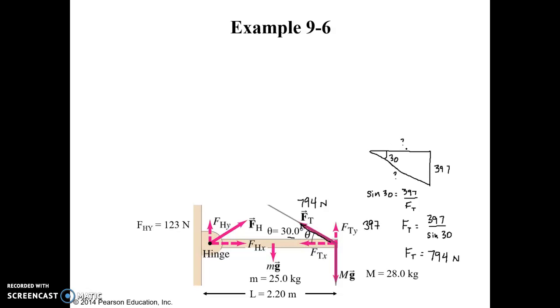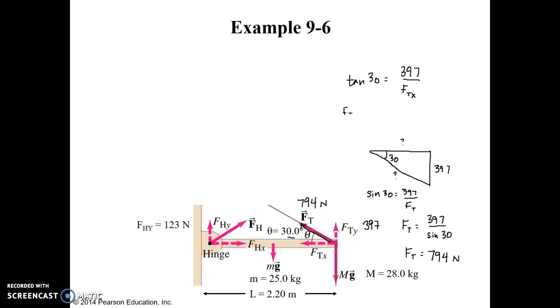Now if I wanted to know the x component, again, I can just look at this triangle here. I want to know the adjacent side, knowing the opposite and adjacent, TOA. So tangent of 30 equals 397 over the adjacent side, which is FTX.